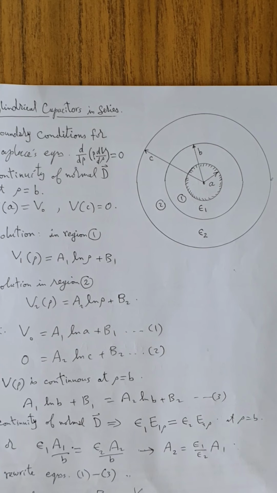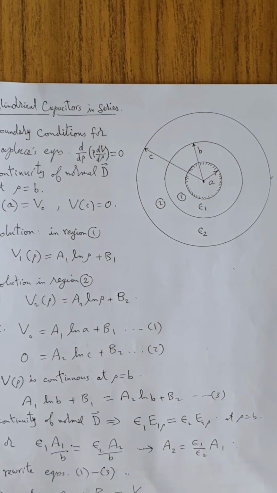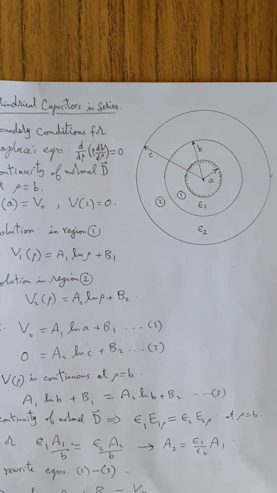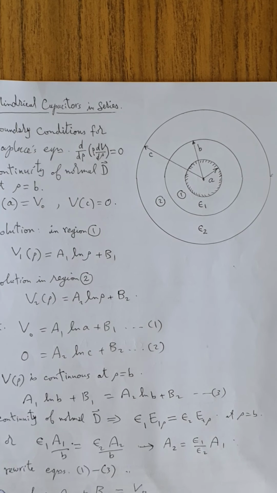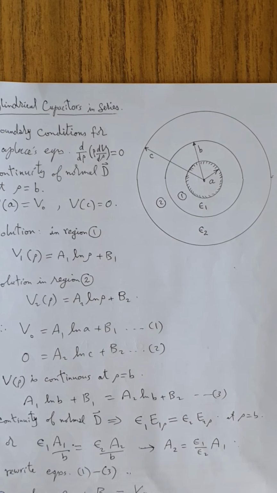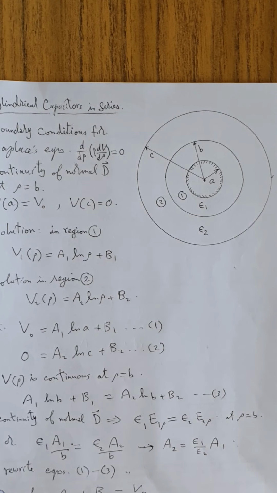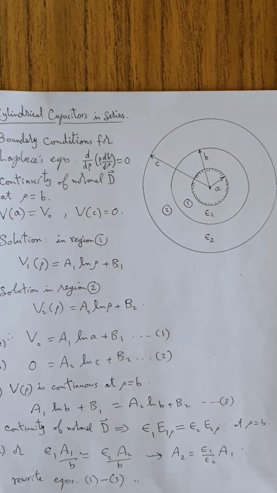Then the other condition at the interface rho equals b is continuity of normal D, which gives epsilon 1 E1 rho equal to epsilon 2 E2 rho. By calculating the gradient of V, we have E1 rho and E2 rho, and this gives us equation 4.